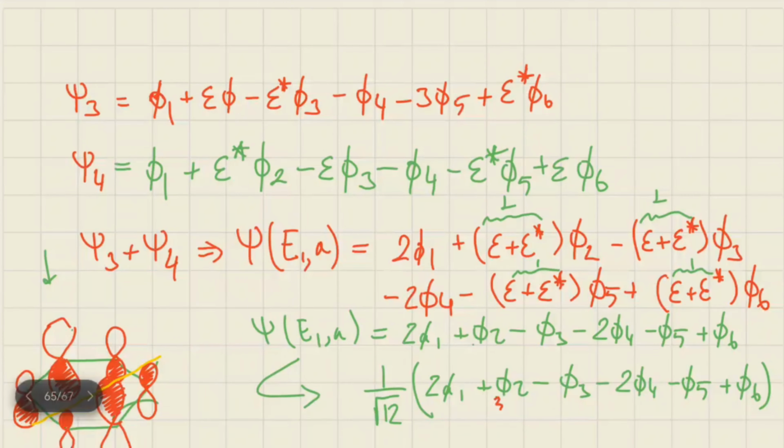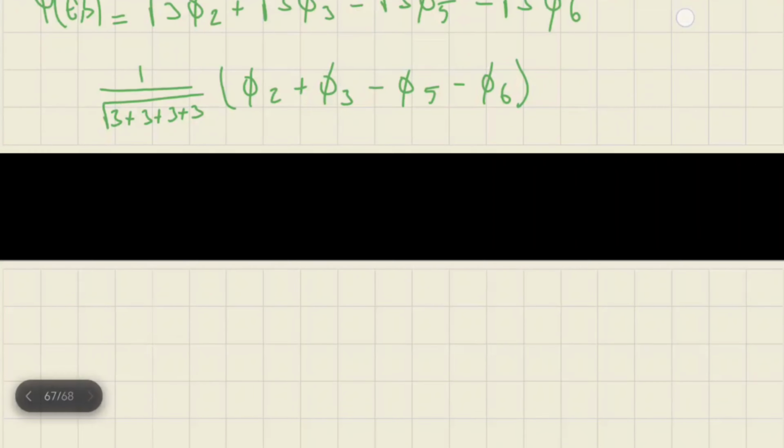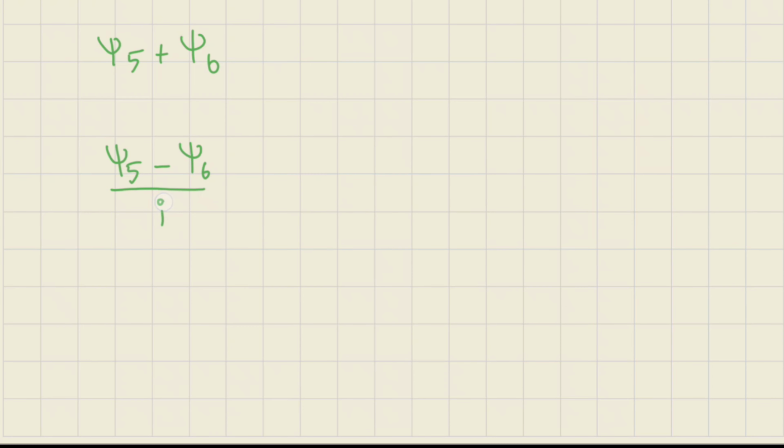So I guess you understood. I will again sum and subtract and divide by I. So one of them will be phi 5 plus phi 6. The other phi 5 minus, not 5, maybe the wave function over I. So if you make the calculation for these two, I will just write the normalized versions.